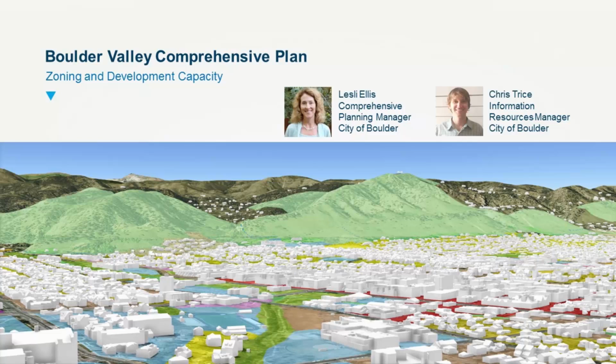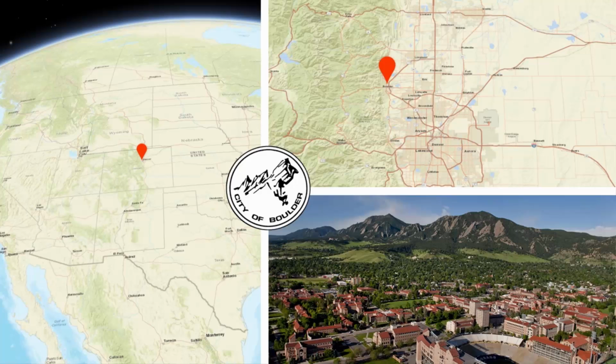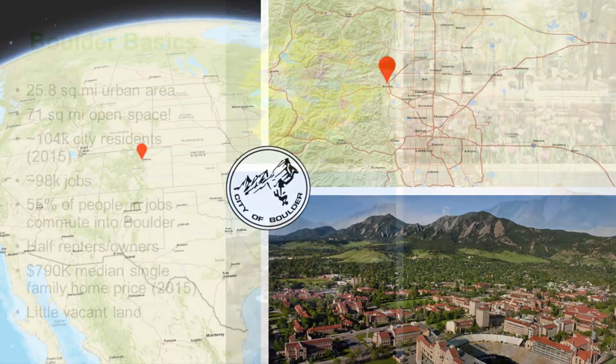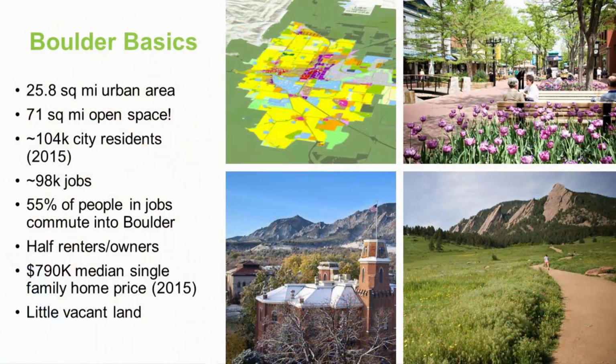Thanks, Brooks. This is Chris here, and joining me is Lesli, standing right beside me. So Boulder is located about 30 miles to the northwest of Denver, at the base of the Rocky Mountains. So a little bit about Boulder.